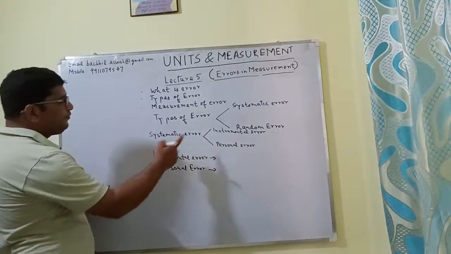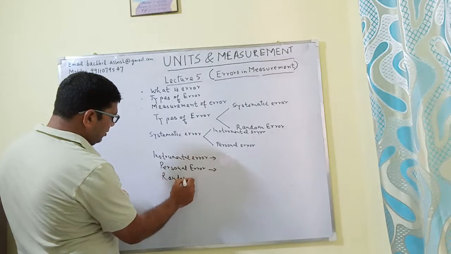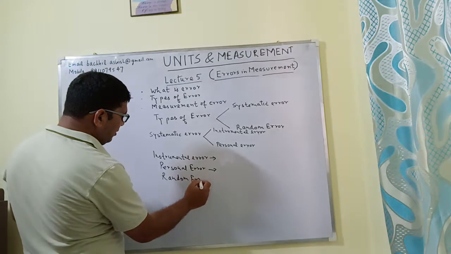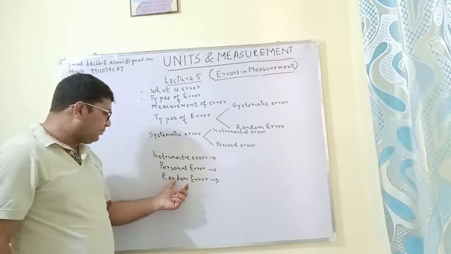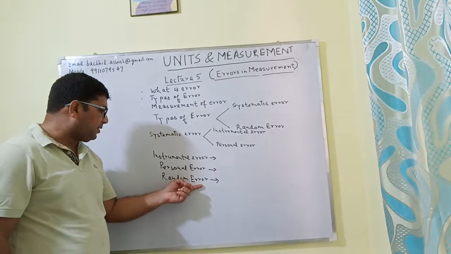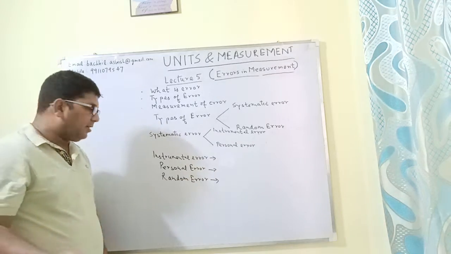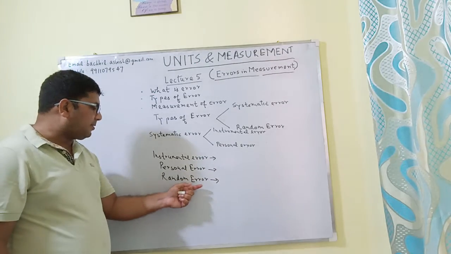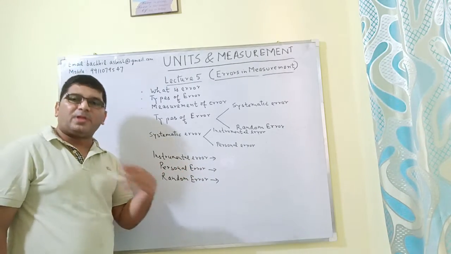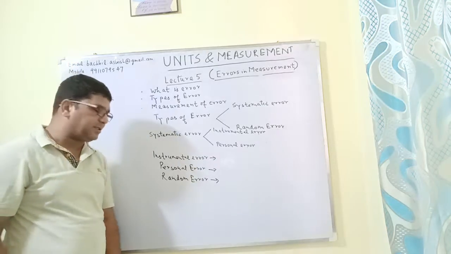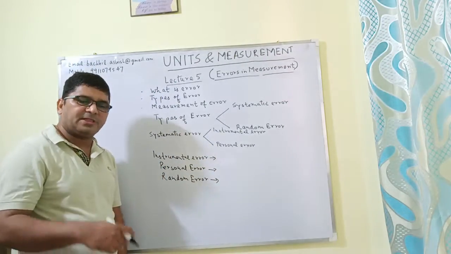Now the third one is the random error. As the word suggests, this error is random and it happens irregularly. The random error basically arises because of fluctuation in the experimental conditions, like fluctuation in the temperature.